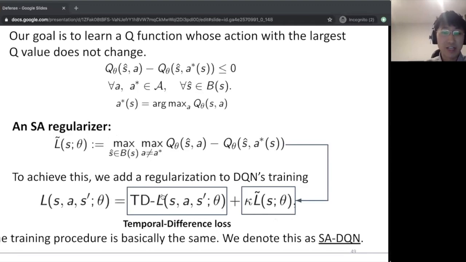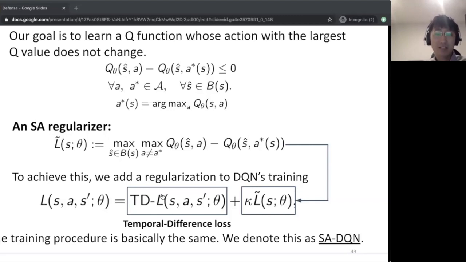For a given state S, we assume the optimal action at the original state S is A star of S. We define an SA regularizer. This additional loss first calculates the maximum distance between the Q value of actions other than A star and the Q value of A star.